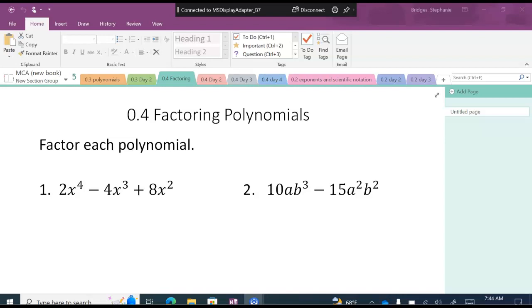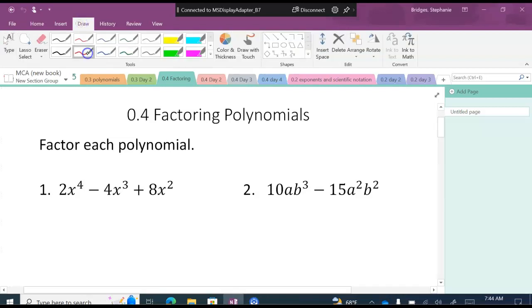So what I'm going to do is start by pulling out or factoring out that 2x squared. And then I put a parenthesis. And then I'm just going to divide each term by that GCF and ask what's left. That's what I'm always going to ask you: what's left. So if I take 2x to the fourth and divide it by 2x squared, what's left?